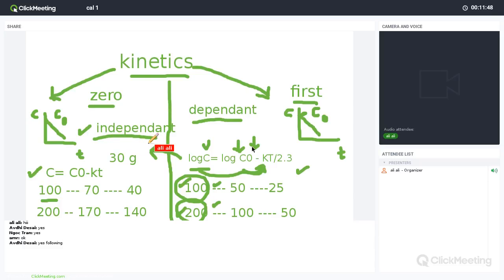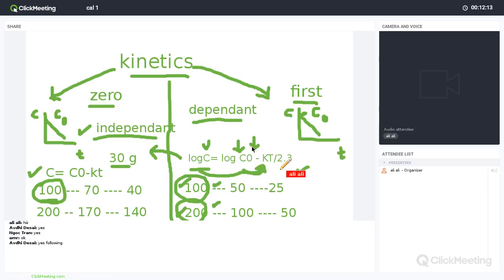You would choose the concentration independent. Why is it concentration independent? Because the amount eliminated does not depend on the concentration, the initial concentration of the drug. It's a fixed amount. It has no relation with the concentration of the drug.